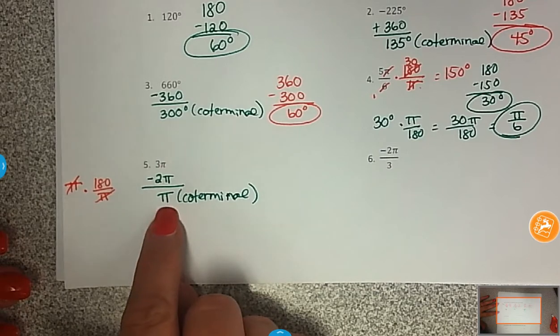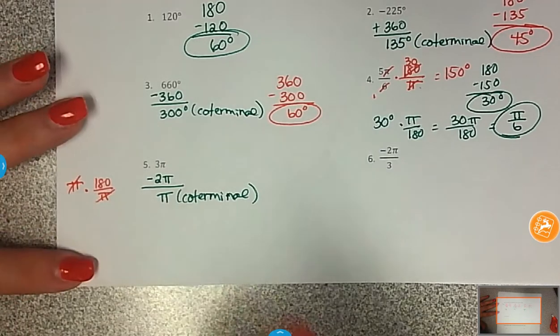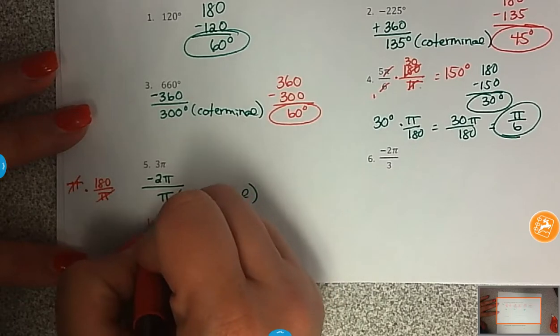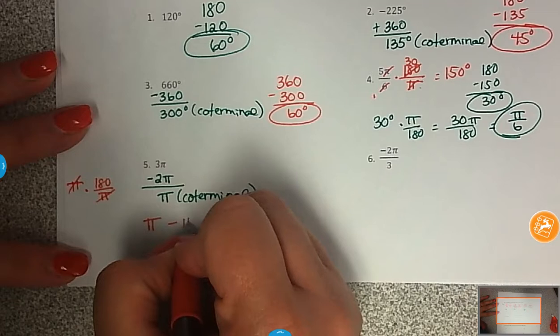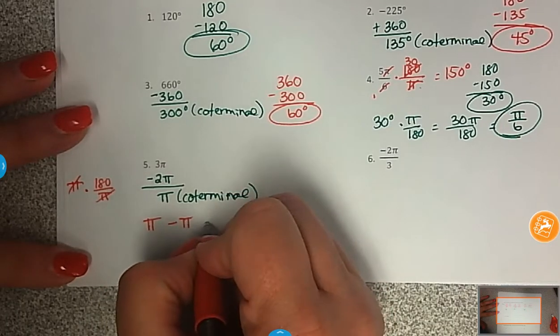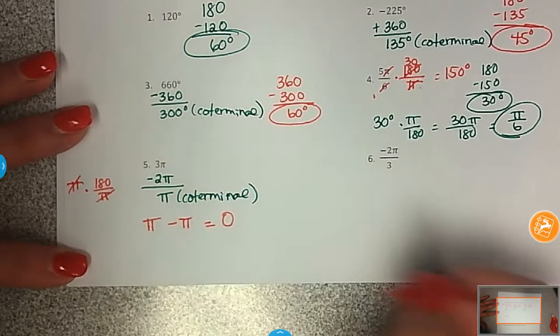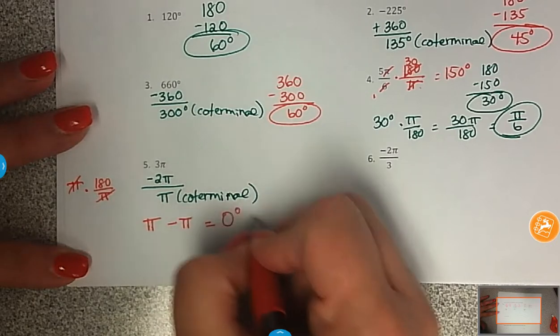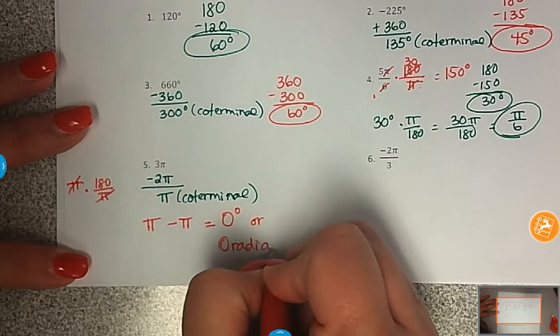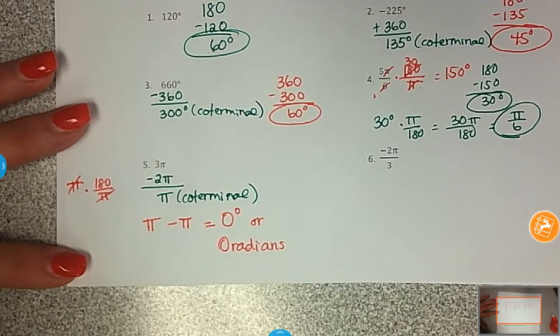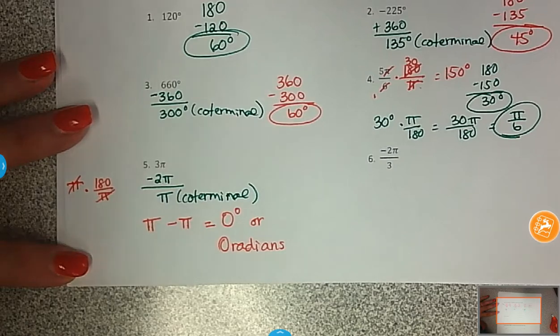Since this is equivalent to 180 degrees, I'm going to do my coterminal of pi minus the 180 degree equivalent and get 0 degrees or 0 radians as my coterminal. Okay, that one's a little tricky.